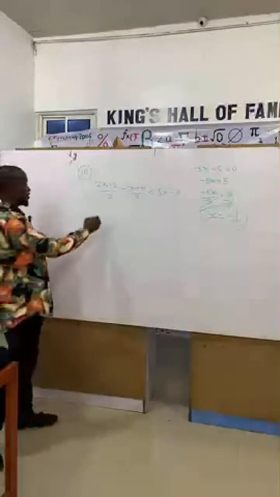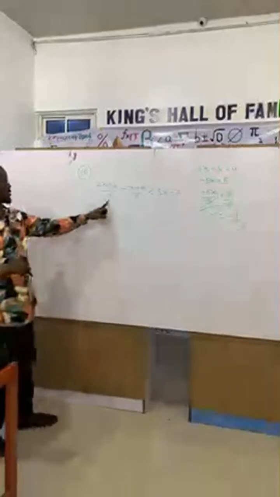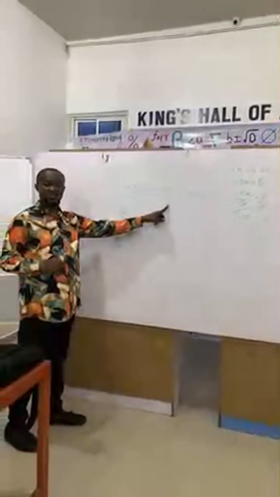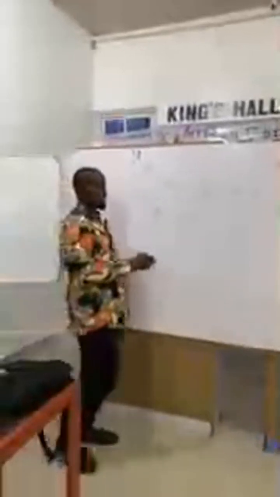So this one is going to give us the LCM of 2 and 3, which is 6. Somebody can ask me, how do we get 6 as LCM? This is what we do.